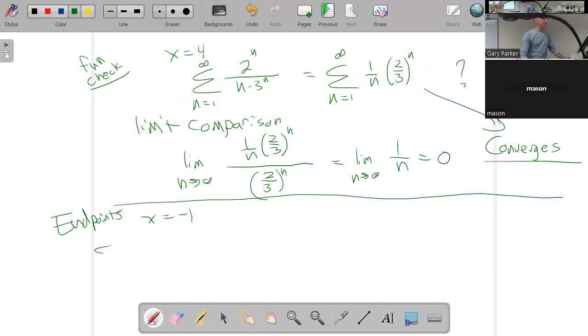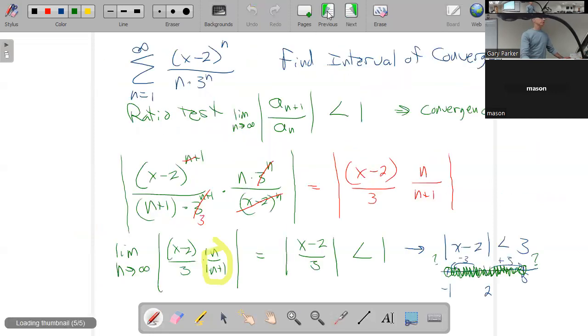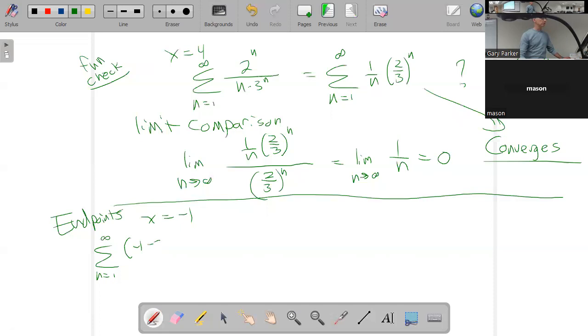So that means I would have the sum as n goes from 1 to infinity of (-1 - 2) to the n, over n times 3 to the n. Well, -1 minus 2 is -3.